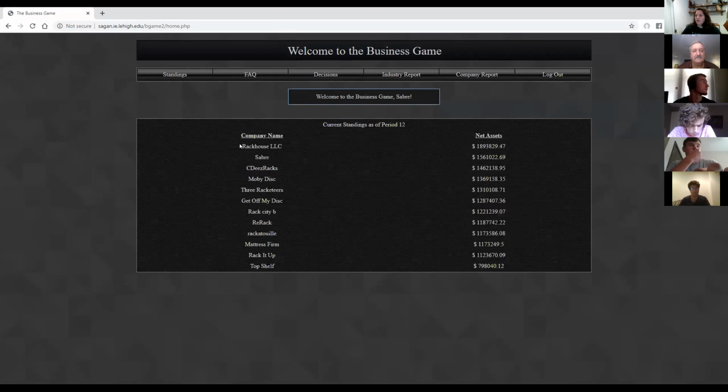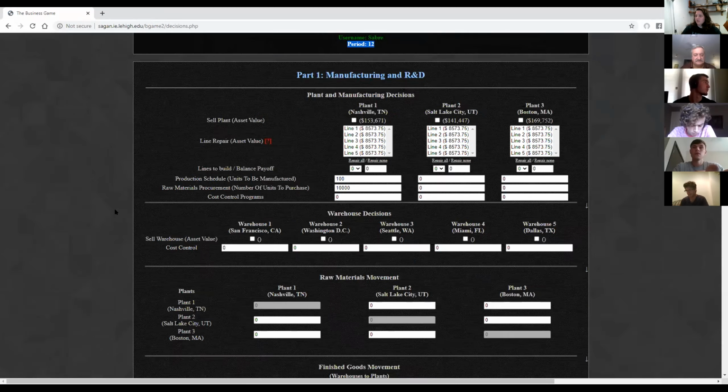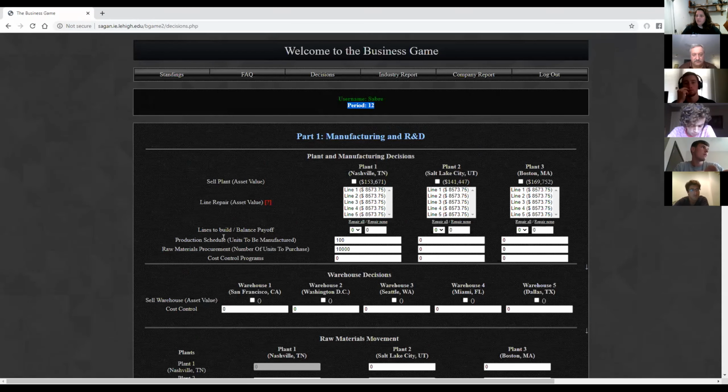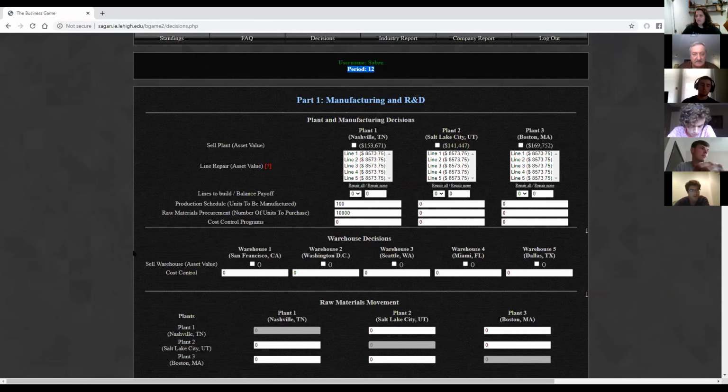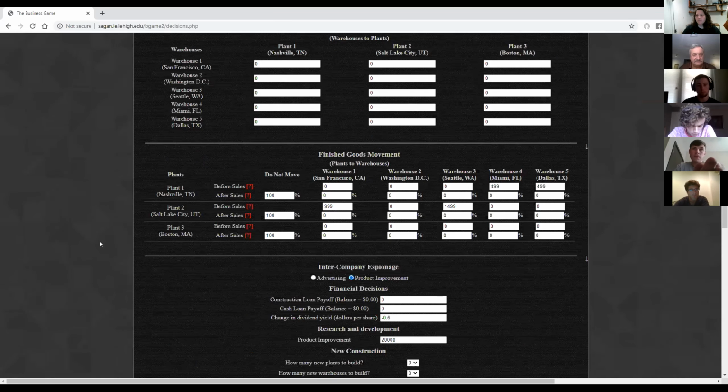For instance, this is the standings and this is your net assets. And this is the decision form. Because it's on their 12th period, they had 2 other plants in their location. And this is what a decision form would look like for you. Of course, you would start with 1 plant. You will get familiar with it over time.